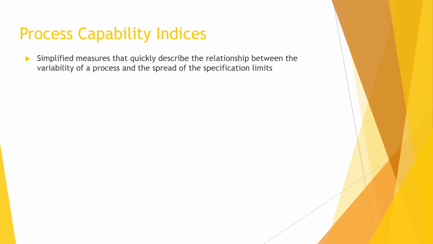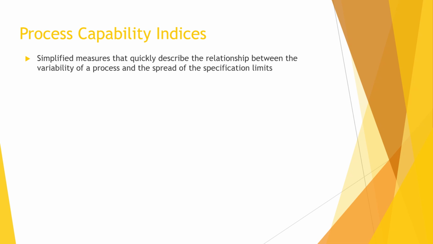Like many simplified measures, such as the grades A, B, C, D, and E in school, capability indices do not completely describe what is happening with a process. They are useful when the assumptions for using them are met to compare the capabilities of the process.